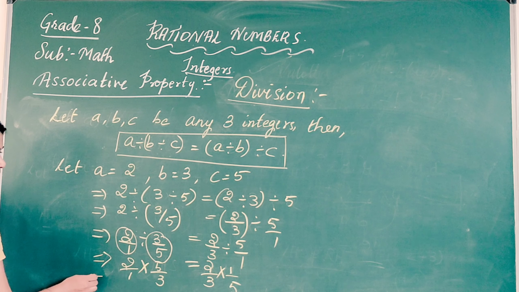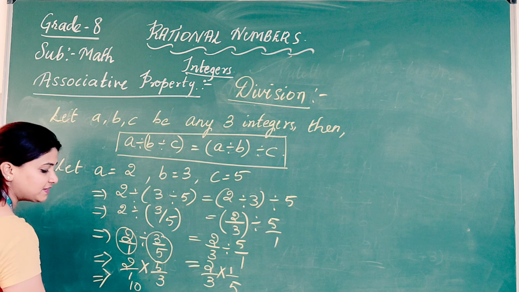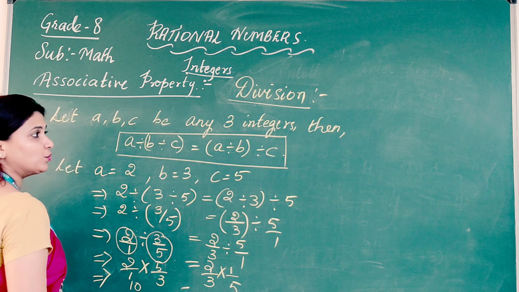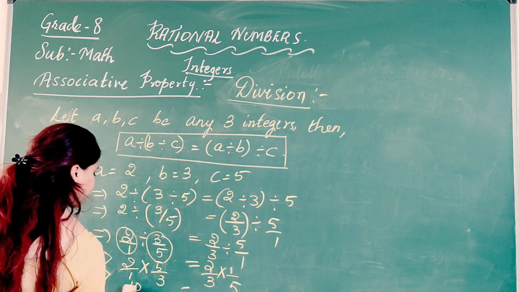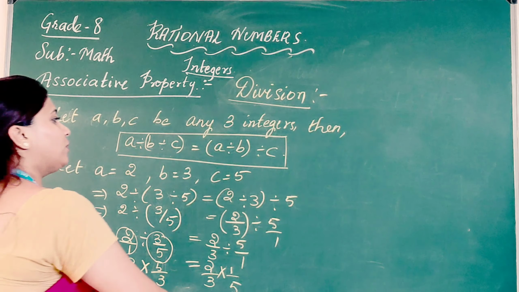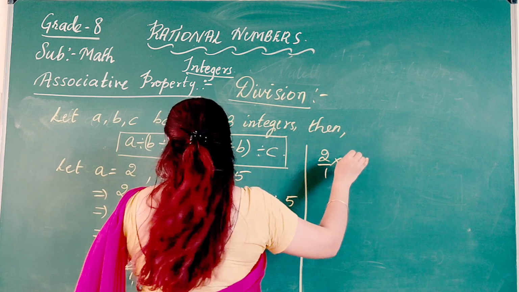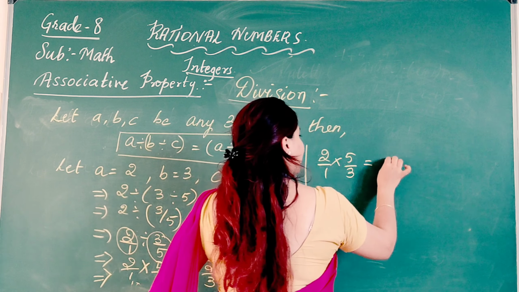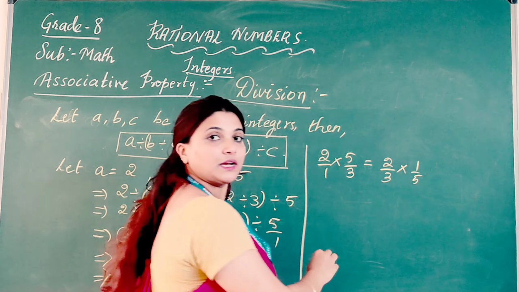You can't see here, right? I'll just do it there. So I have got up to 2 by 1 into 5 by 3 is equal to 2 by 3 into 1 by 5. Clear?